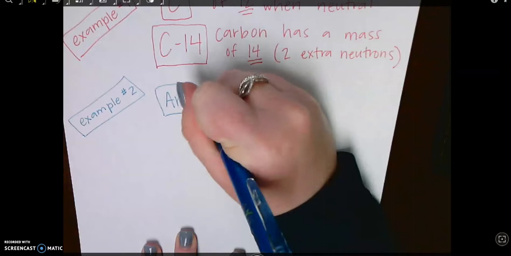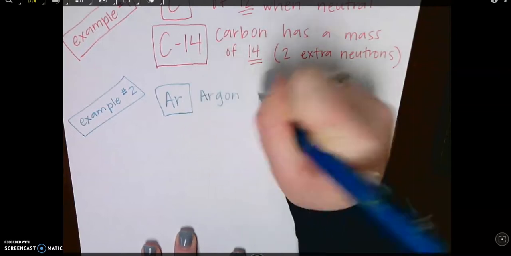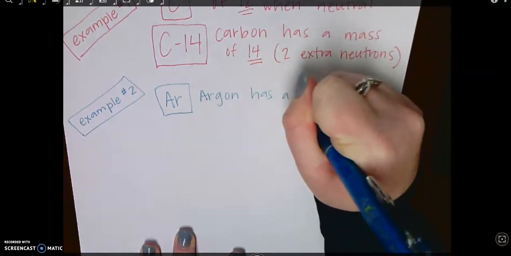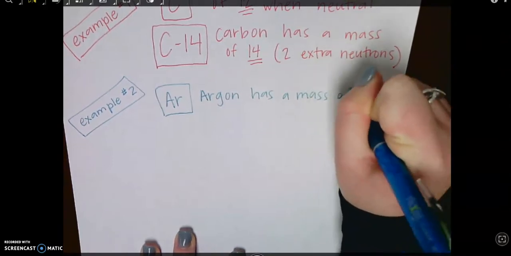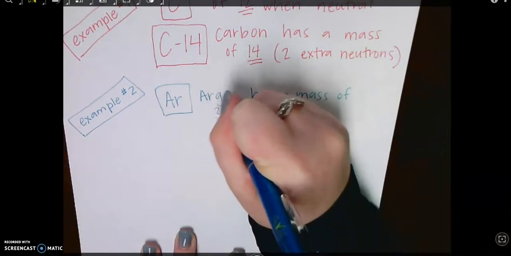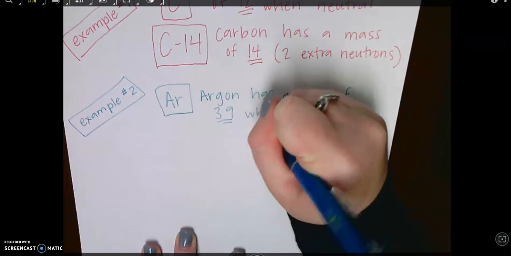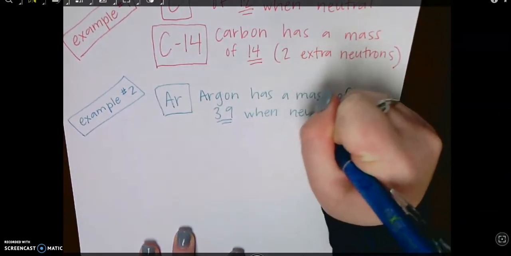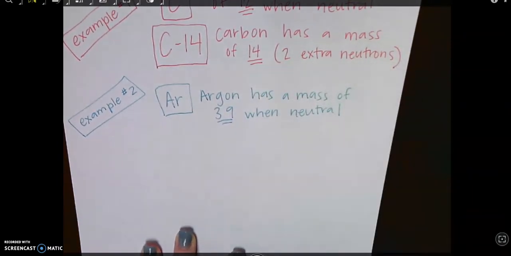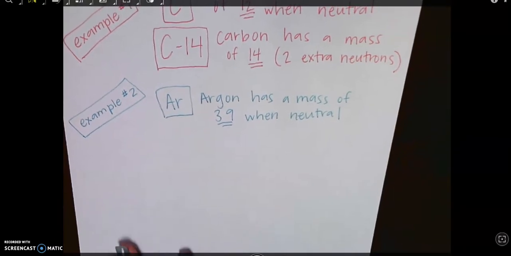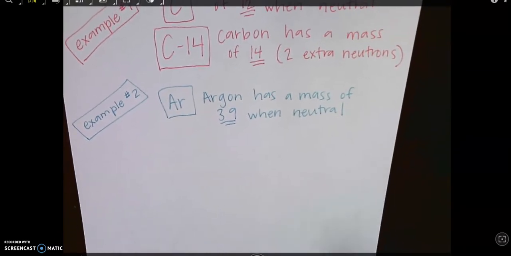So argon has a mass of 39 when it's neutral. So in this example, we're looking at an isotope where there are less neutrons than there normally would be.